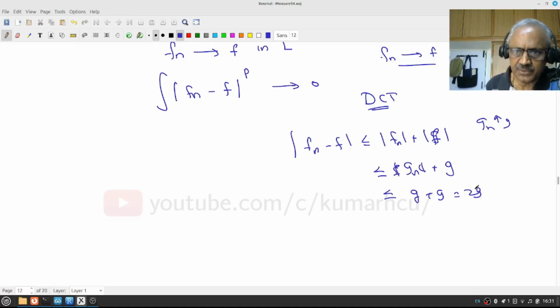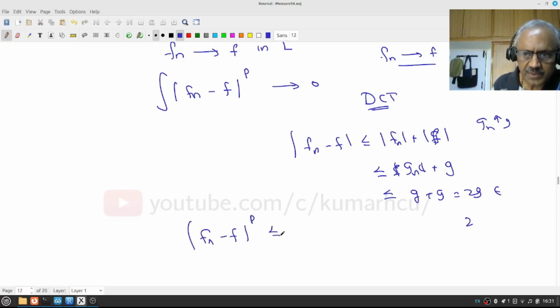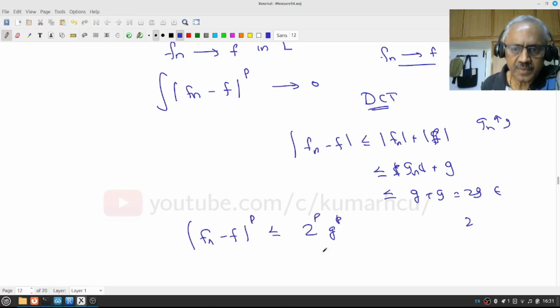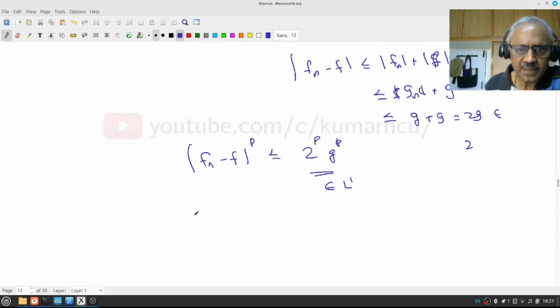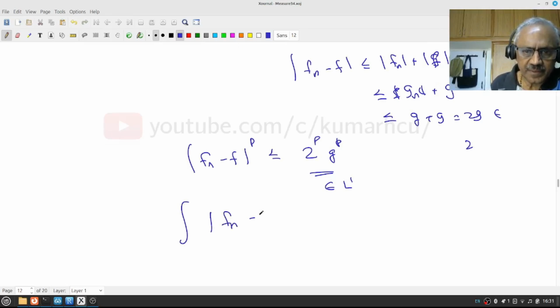Therefore, it is less than 2g. Is that okay? Therefore, mod fn minus f to the power p is dominated by 2 to the power p and g to the power p. This is an L1 function, right? Therefore, the integral of mod fn minus f to the power p goes to 0.